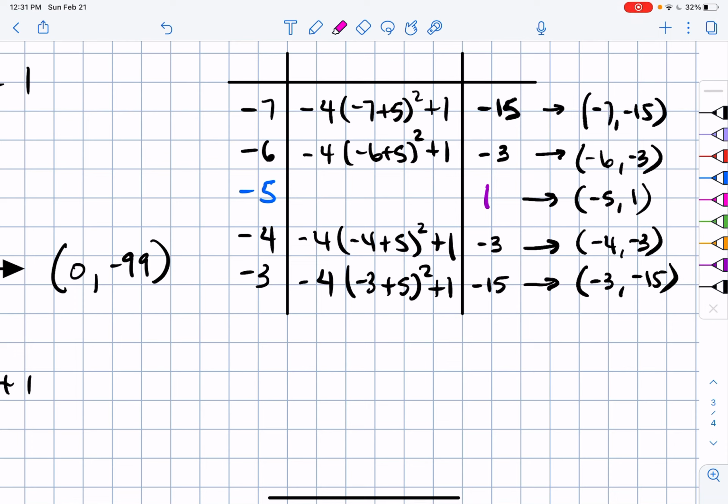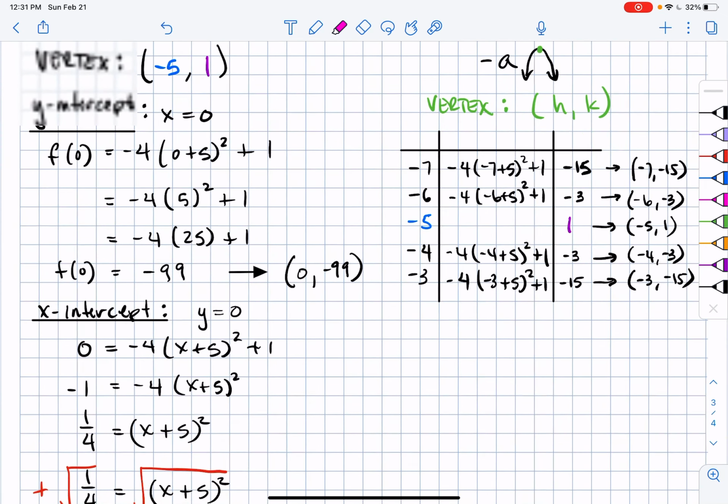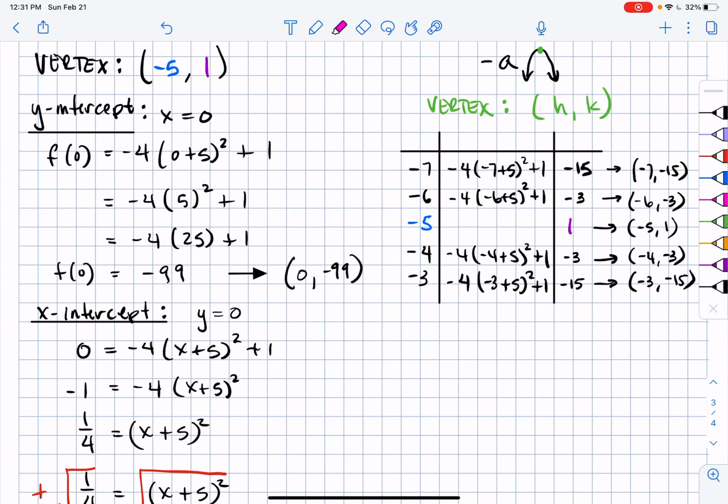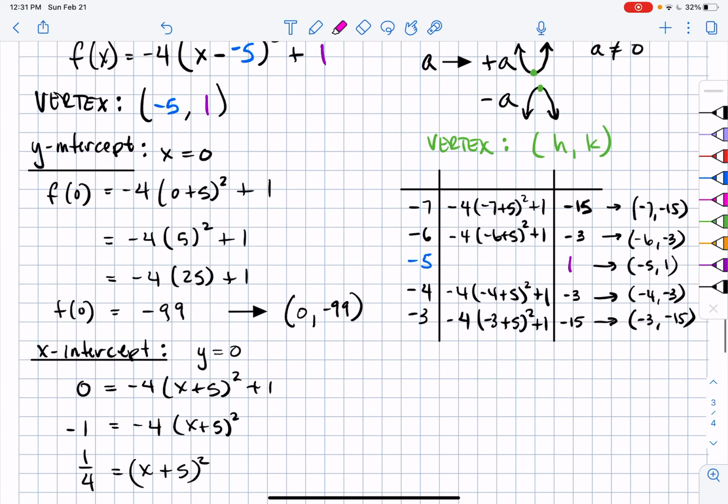When you're doing that and you got the vertex and you start plugging it in and those numbers start getting wacky or not the same, then you know that something is wrong. Something is very wrong, and it's probably something to do with the math, or you have the wrong vertex, or something like that.